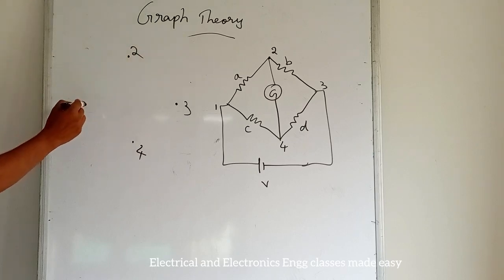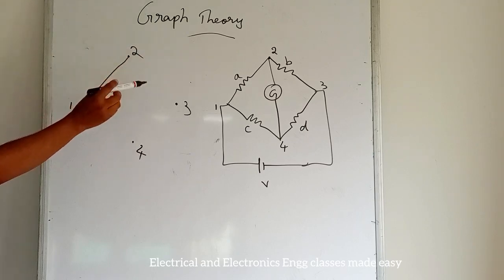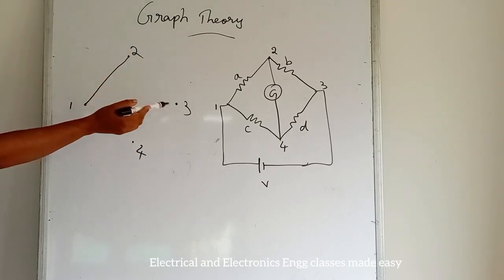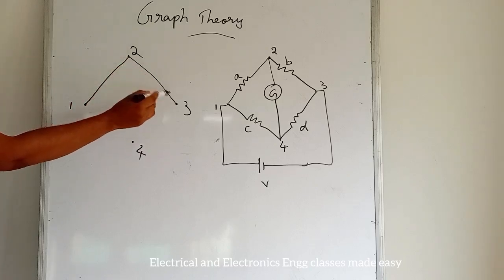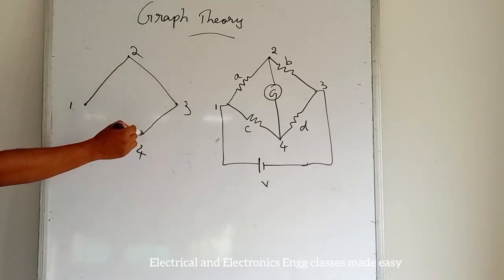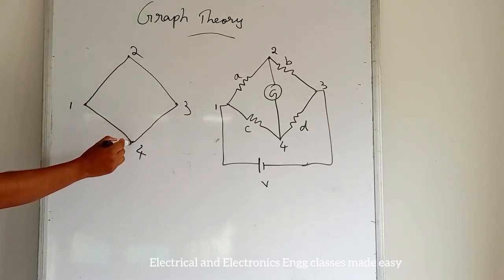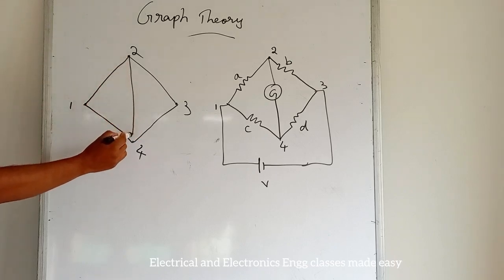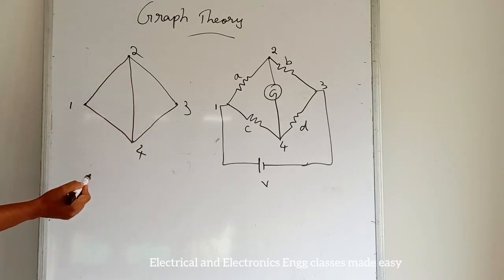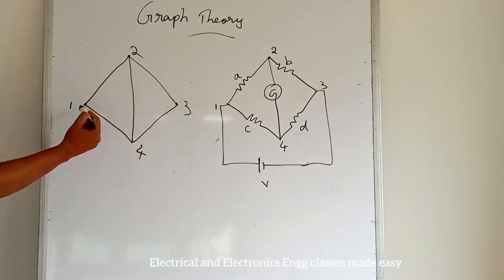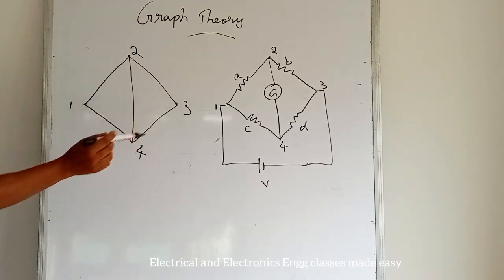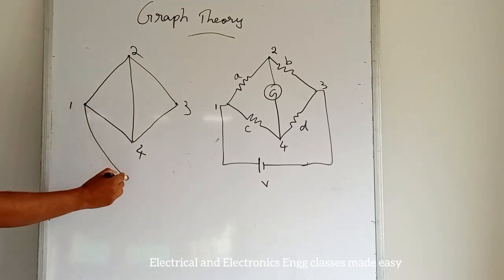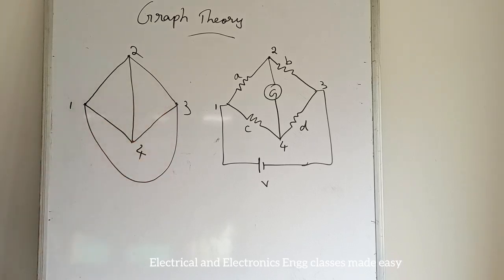Now 1 to 2 is a line segment, then 2 to 3 also a line segment, 3 to 4, then 1 to 4, then 2 to 4 is a line segment, and from 1 to 3 there is a voltage source, so we have to short circuit.